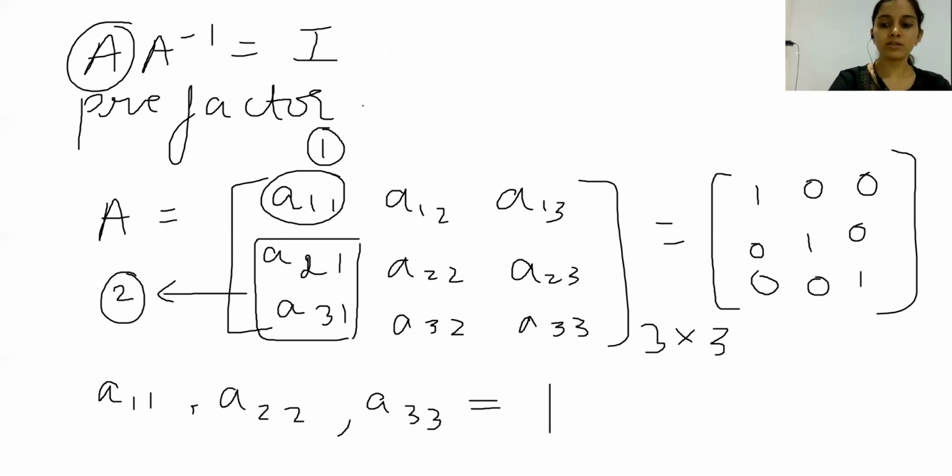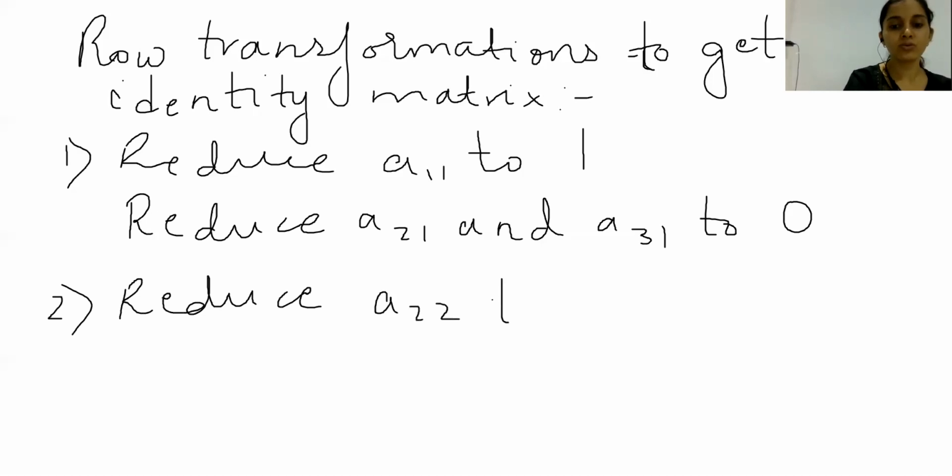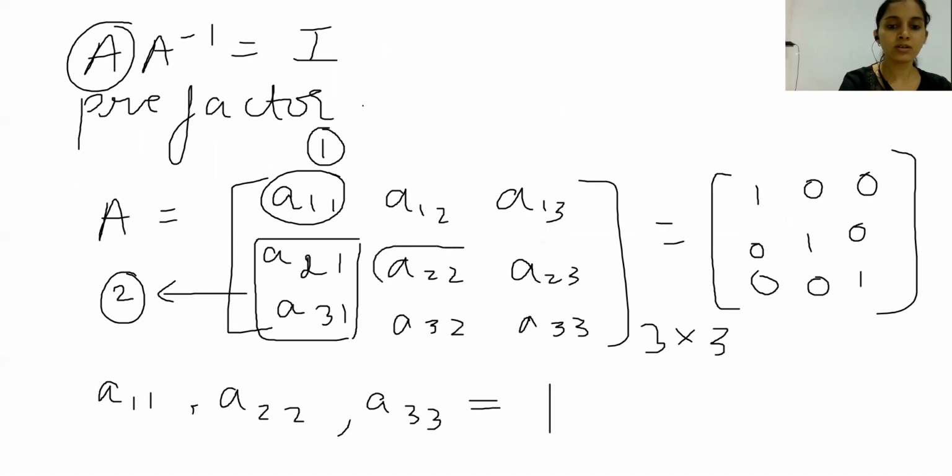Similarly, what will be the next one? Reduce A22 to 1. Now we will work on this second diagonal element. So this is your third step: reduce A22 to 1.